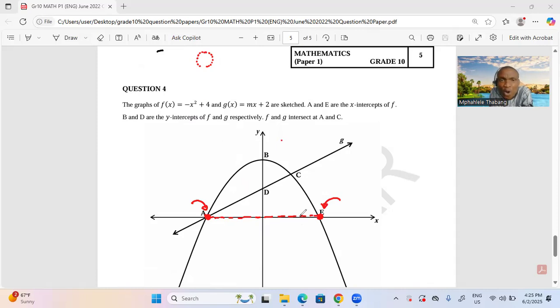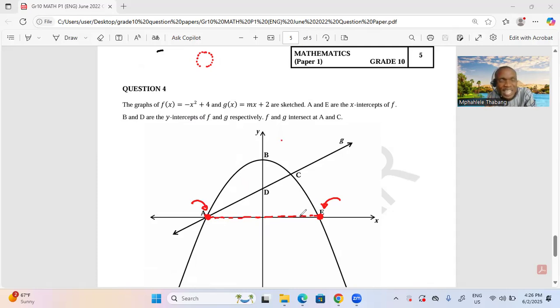What we are looking for is actually the x-intercepts of F. If you look at point A and point E, it's where the quadratic graph cuts. F cuts the x-axis at E, and it also cuts the x-axis at A. So we say A and E are the x-intercepts of F. So this is what we are going to do.